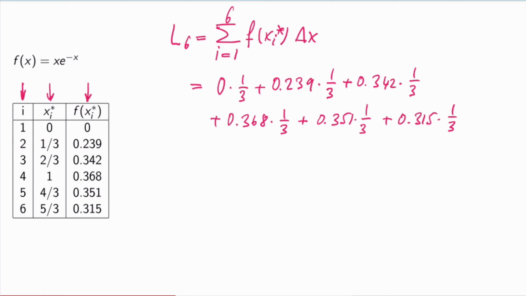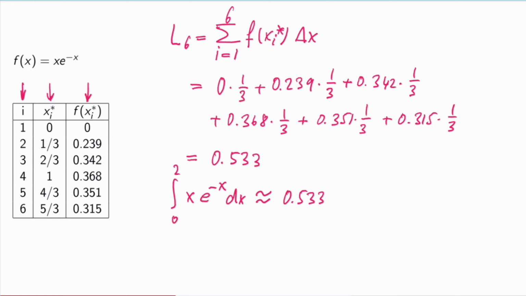So at this stage, it is actually rather easy. Just write down these numbers. Now you have a sum, and you have a calculator, and you put it all together, and then we get 0.533 for L6. So that would be our approximation. So then we can say the integral from 0 to 2 of x e to the minus x dx is approximately equal to 0.533.